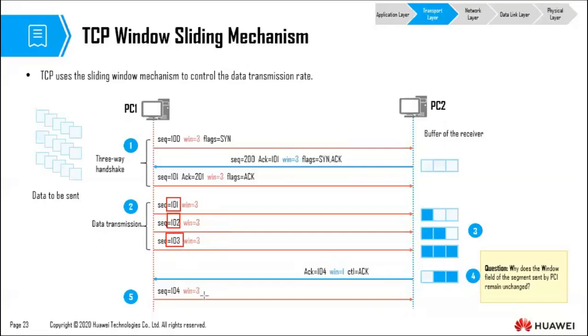When the receiver is acknowledging what has been received, it normally indicates what needs to be sent next. So that is where 104 is coming from. Okay, because normally we've been seeing this as A+1, which is the sequence number of the previously received segment plus 1. So that's why it's becoming 104.